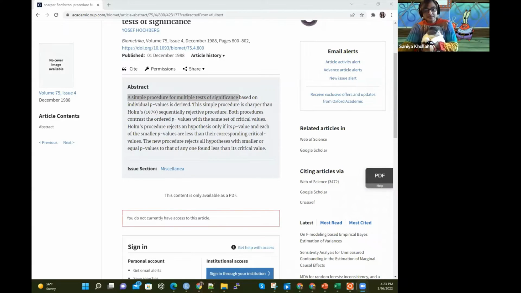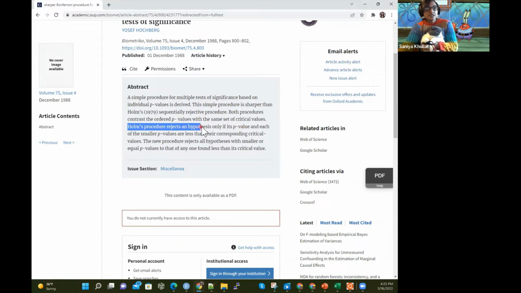So what they're saying here is that it's a simple procedure for multiple tests of significance where we have the individual p-values. So it's sharper than Holm's 1979 sequentially rejective procedure. Both procedures contrast the ordered p-values with the same set of critical values.